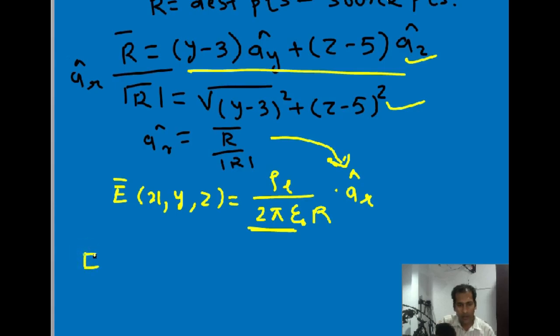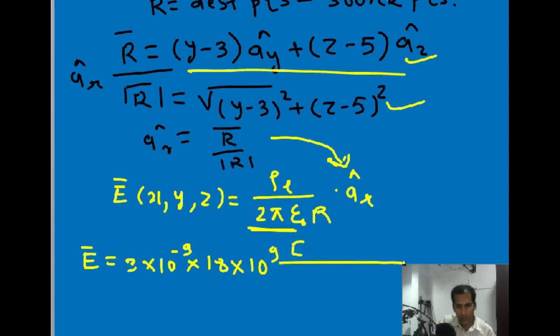So let us calculate E bar. So E bar will be equal to, we'll keep the values. Rho L is, say, 3 into 10 to the power minus 9 into 1 upon 2 pi epsilon naught is 18 into 10 to the power 9.